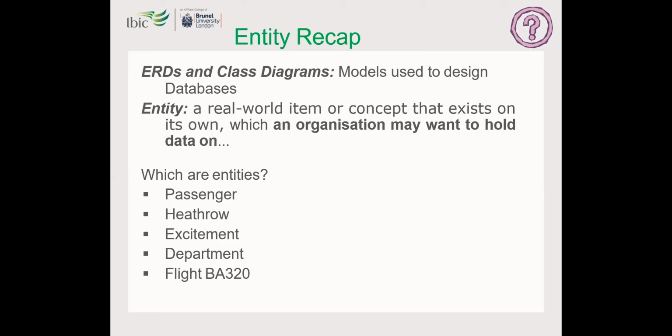For instance, the entity type employee, which all of you are familiar with, is a type of thing on which a payroll department may wish to keep data. Which type of data? It could be the employee number and date of birth.